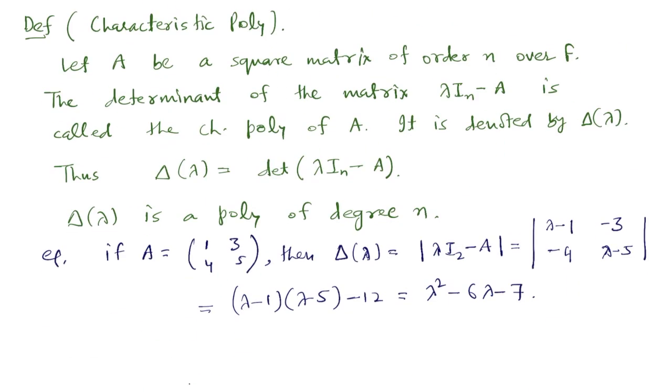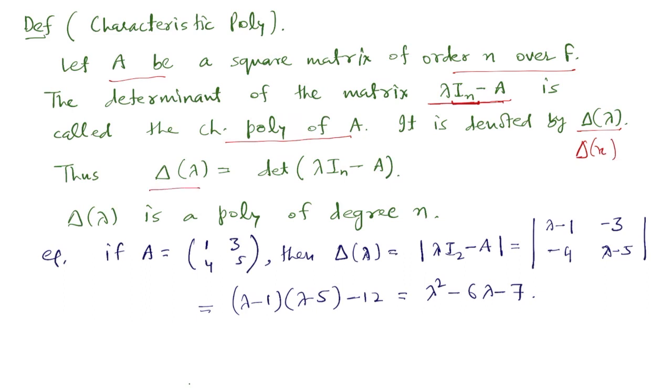Now we define what is characteristic polynomial of A. So let A be a square matrix of order n over F. The determinant of this matrix lambda I_n minus A, I_n is the identity square matrix of order n, determinant of this matrix is called the characteristic polynomial of A. We denote this characteristic polynomial by delta lambda or delta x.